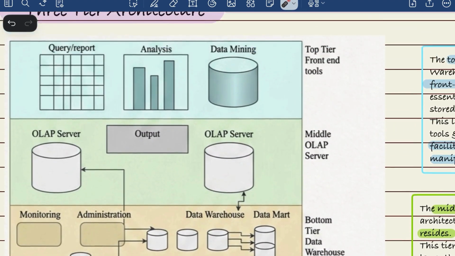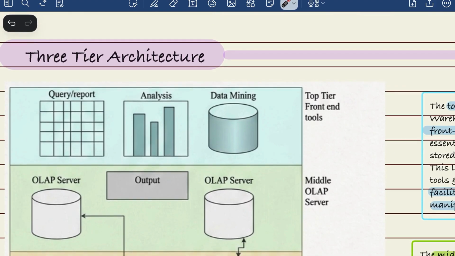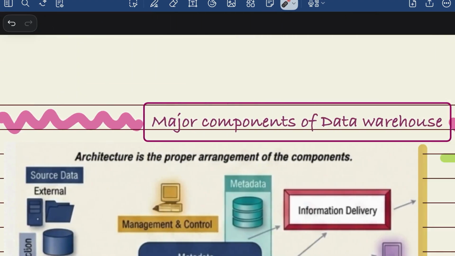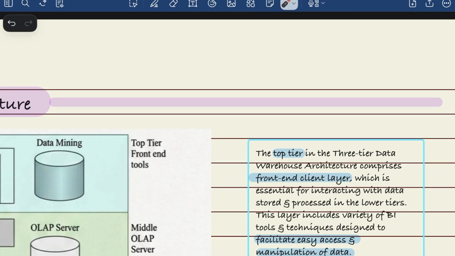Okay, now the data is ready for analysis, and we are moving to the top tier. What happens in the top tier? It comprises the front-end client layer. Now we want to interact with the stored and processed data in the lower tiers.